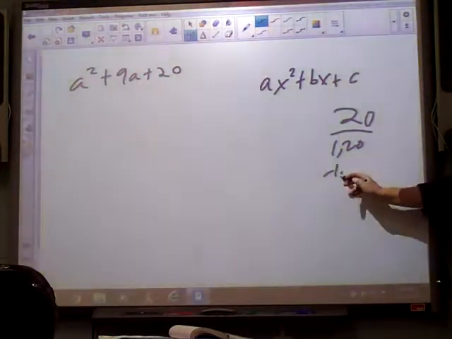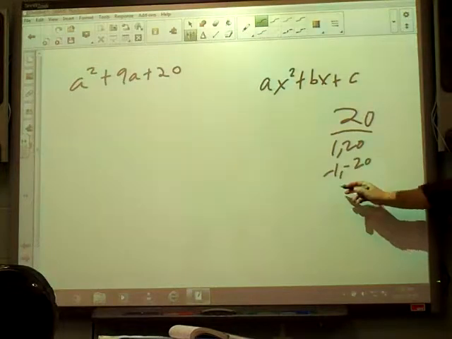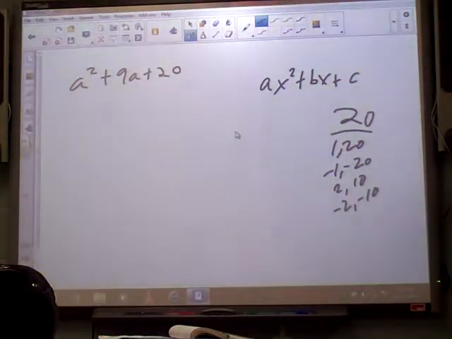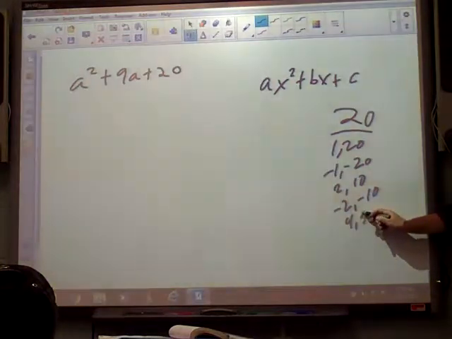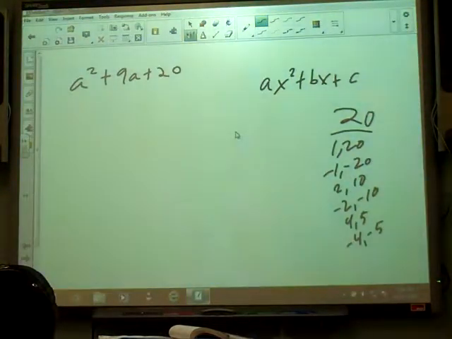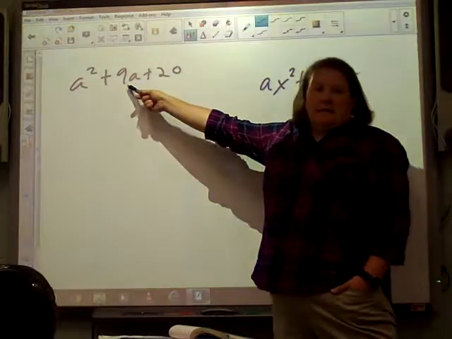I can multiply negative 1 times negative 20 to get a positive 20. I can multiply 2 times 10, or negative 2 times negative 10. I can multiply 4 times 5, or negative 4 and negative 5. Those are all of my factors of positive 20, correct? I'm looking for the pair of those that adds to 9.